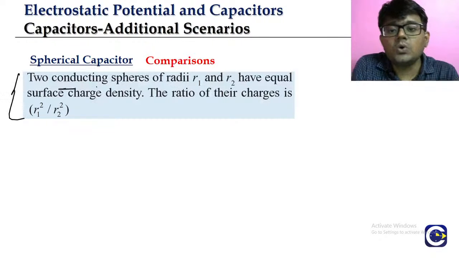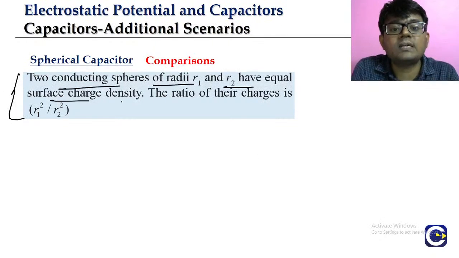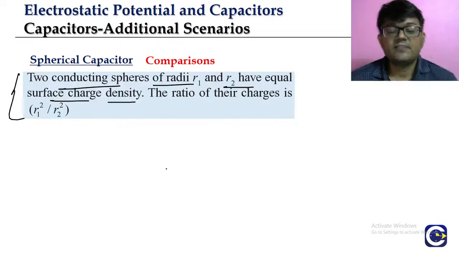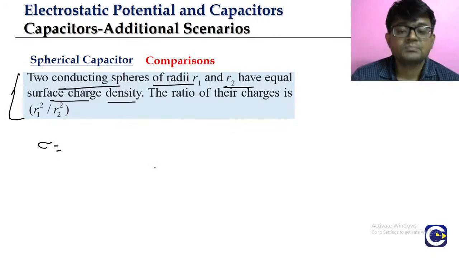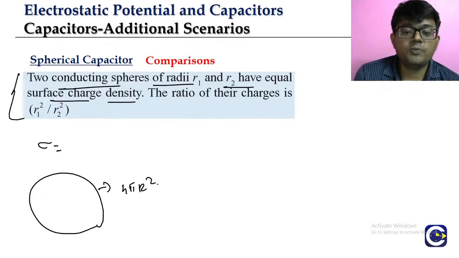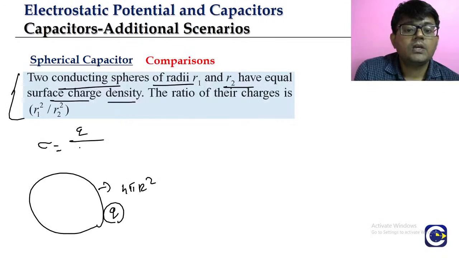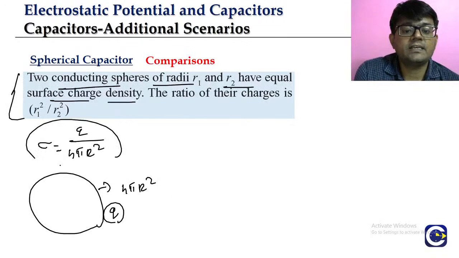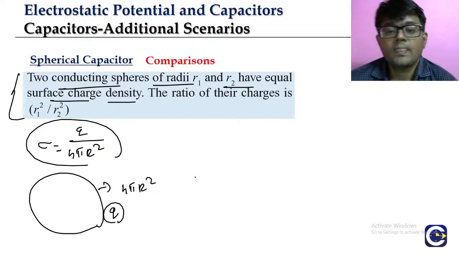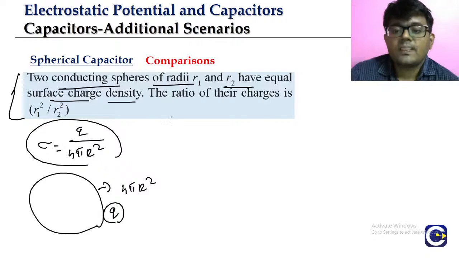Next, look: two conducting spheres of radius r1, r2 have equal surface charge density. What is surface charge density? Look, for a conducting sphere, what is the surface area? 4 pi r square. Say we are giving a charge q. Do you know what sigma is? q by the surface area. That is the surface charge density. Okay? So they have the same surface charge density.